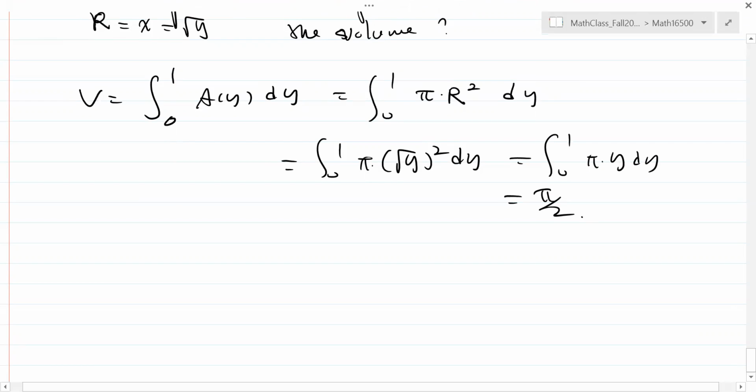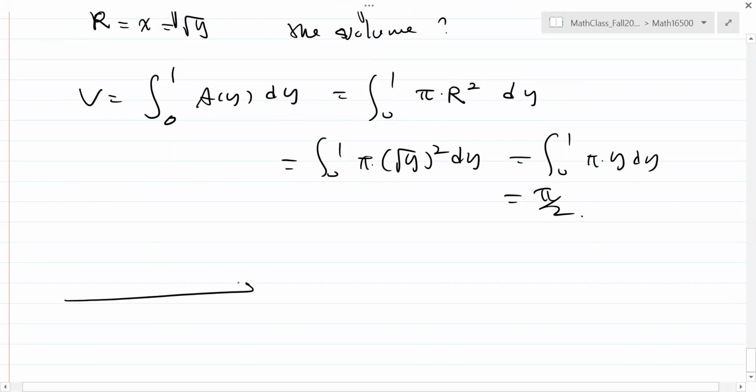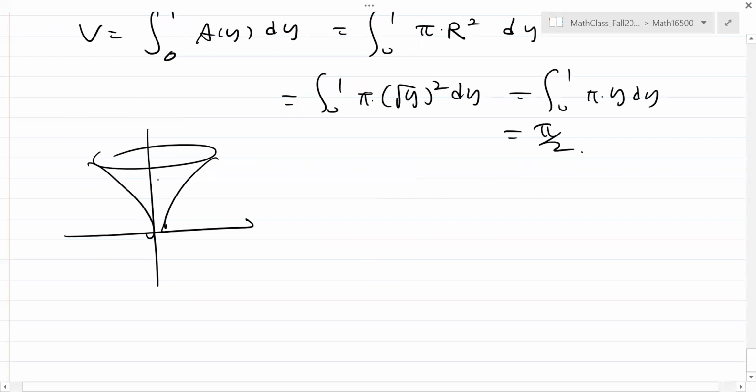But you can also use a cylinder to sketch, right? To find the volume. So for the cylinder, this will be the radius r.